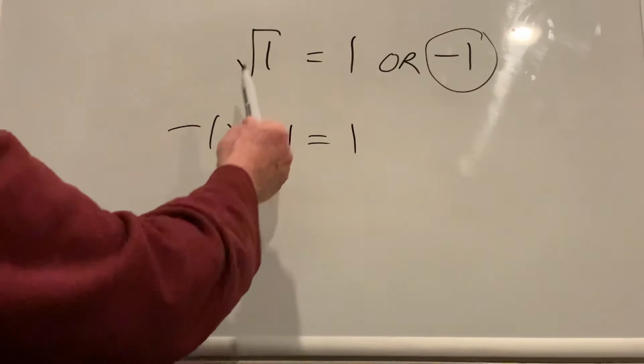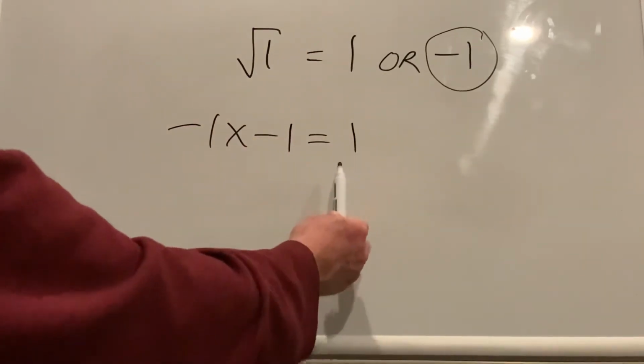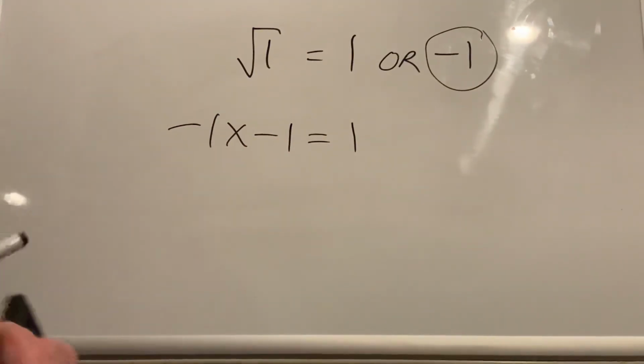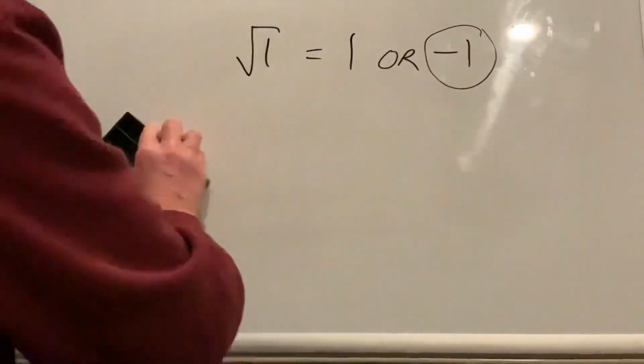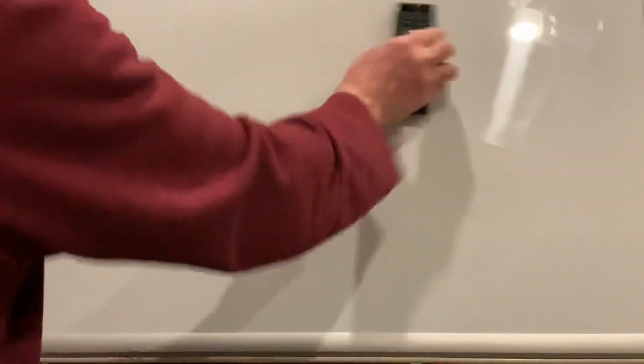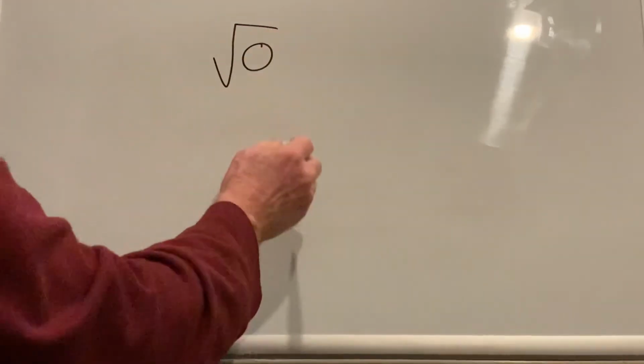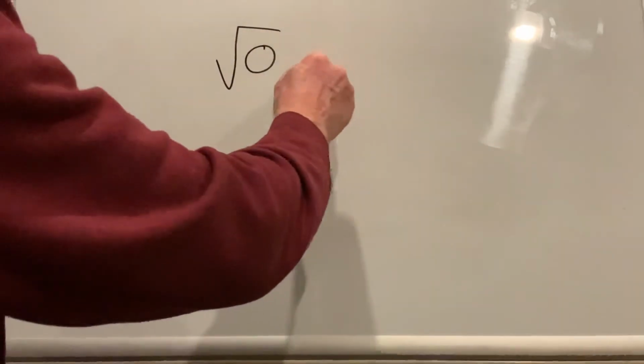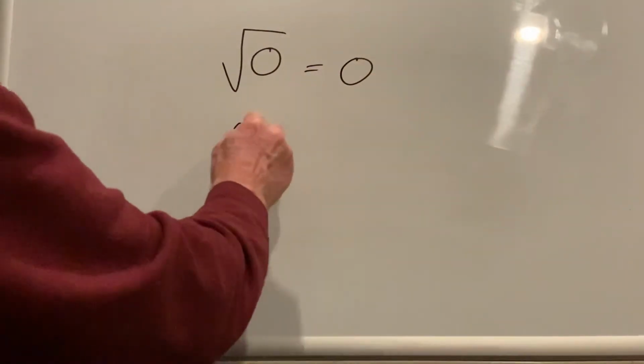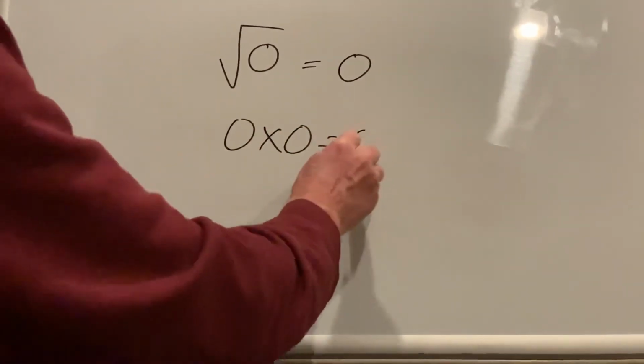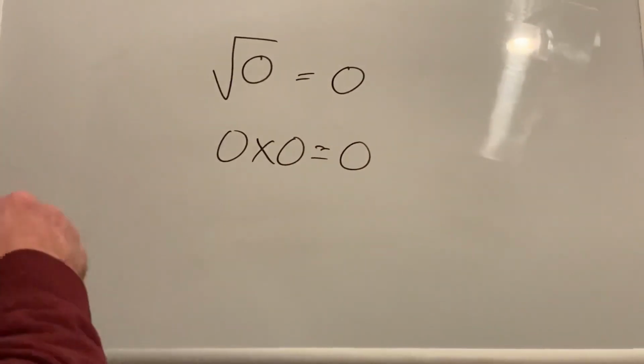So minus 1 times minus 1 equals 1, or positive 1. Then we go to the square root of 0. I'm not really sure about that. I suppose it's 0, because 0 times 0 equals 0. We'll just leave it like that.